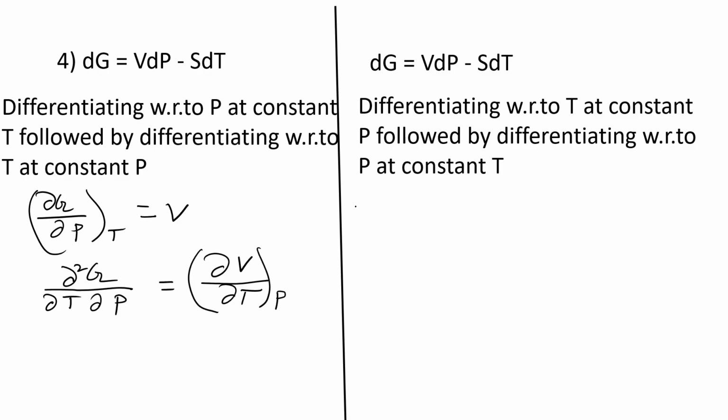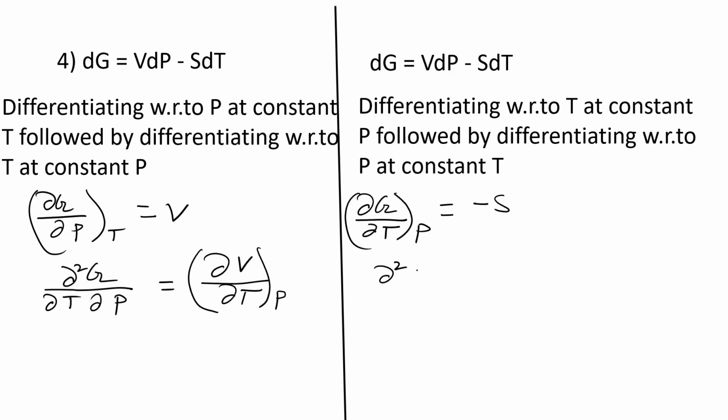Now here on this side, we'll start in the reverse way. First with respect to temperature at constant pressure. So ∂G/∂T at constant pressure is equal to, pressure constant means dP will be 0, so here it will be only minus S. Next with respect to pressure at constant temperature.